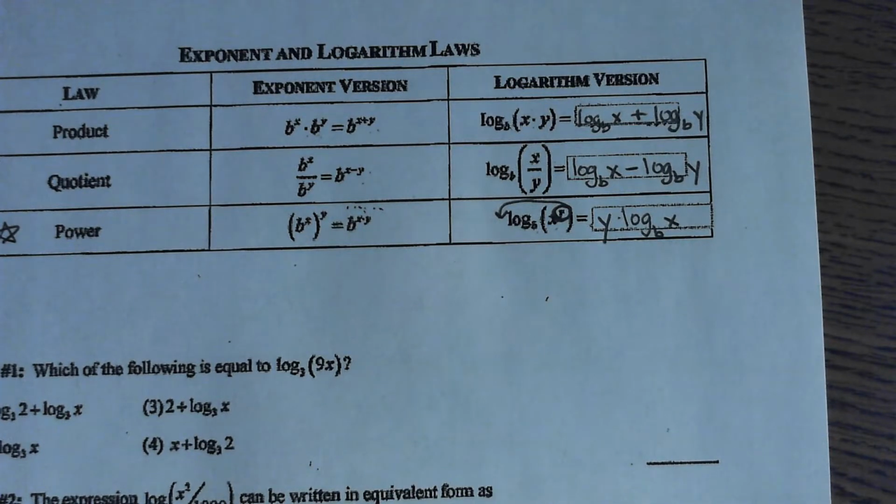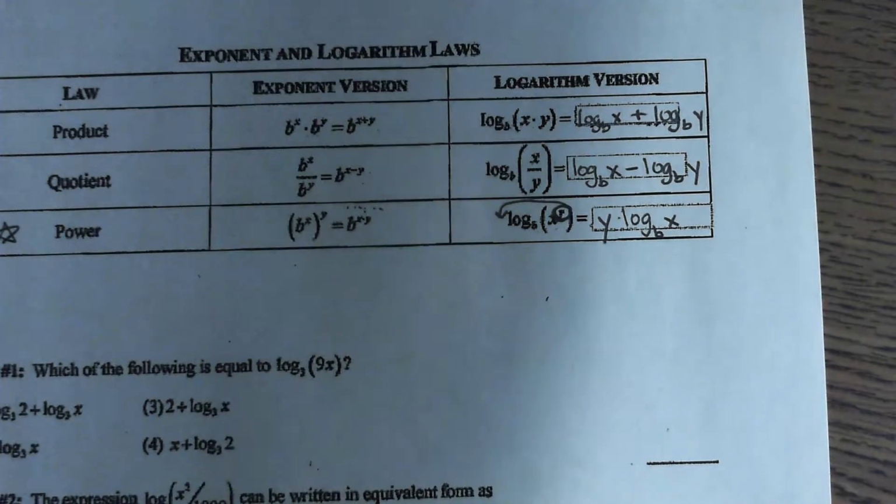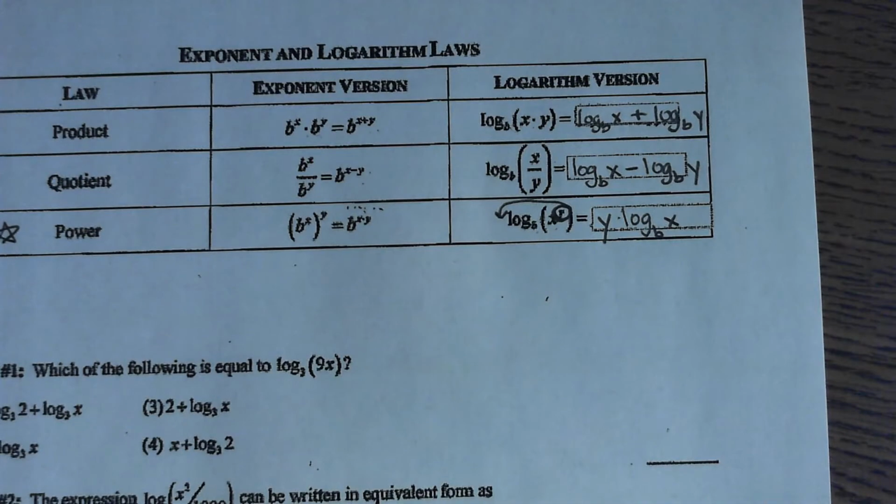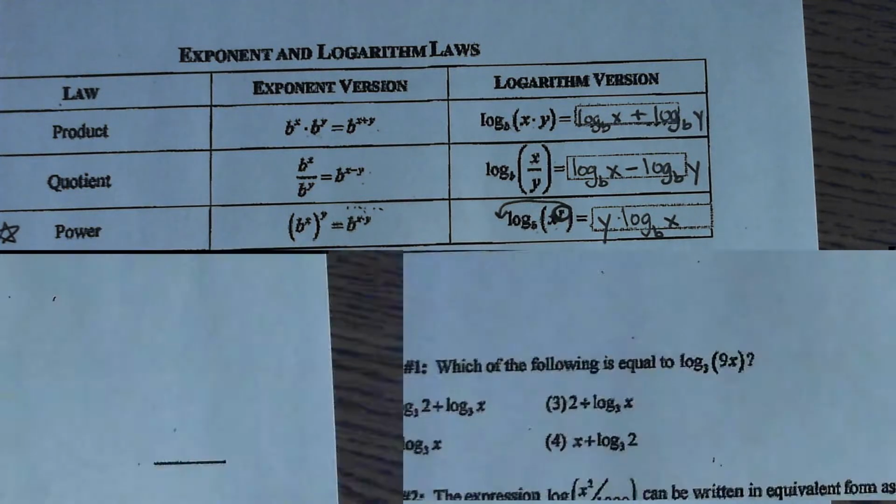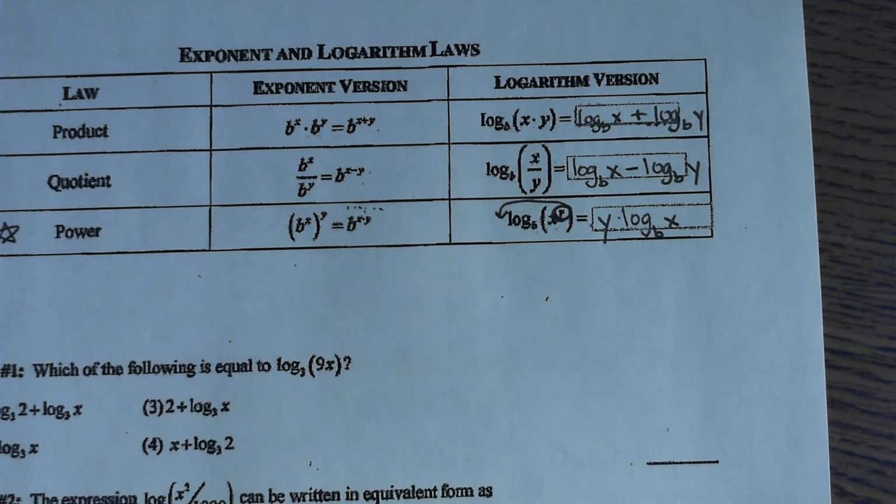And that one's going to be the one that kind of unlocks this whole ability to solve exponential equations. Because right now, if you remember, the only exponential equations we can solve are when the bases are the same on both sides.